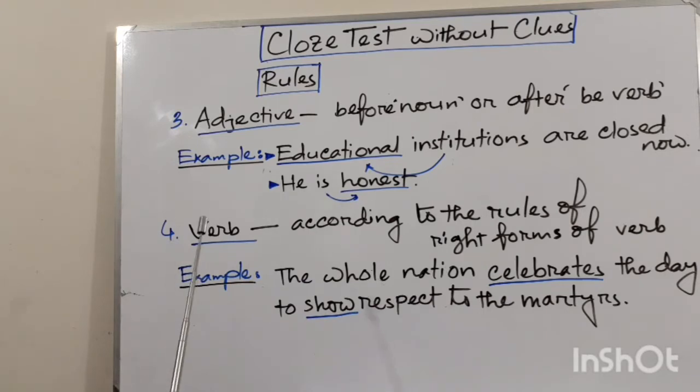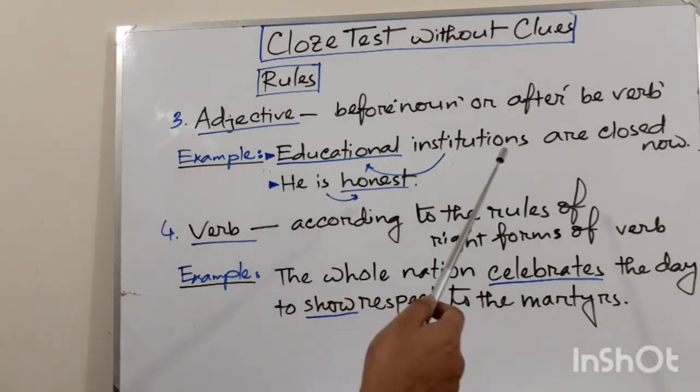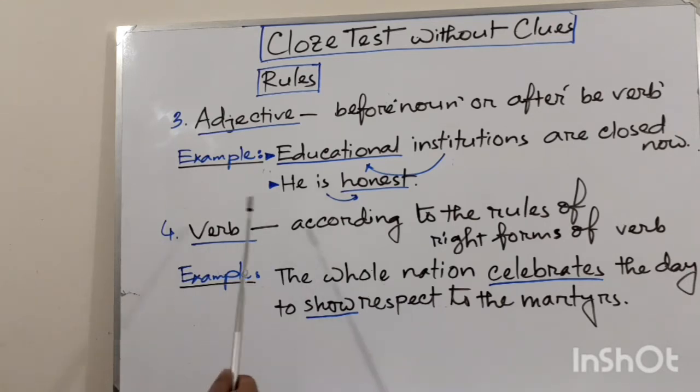Then rule number 3, you can see adjective before noun or after be verb. It means if the gap comes before a noun or after a be verb, then the word in the gap will usually be an adjective. For example, educational institutions are closed now.